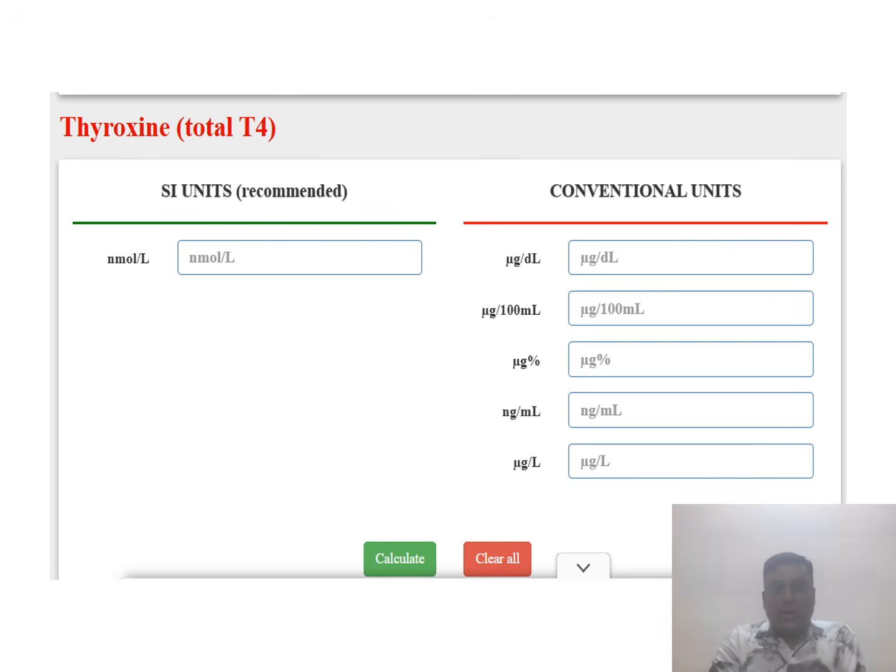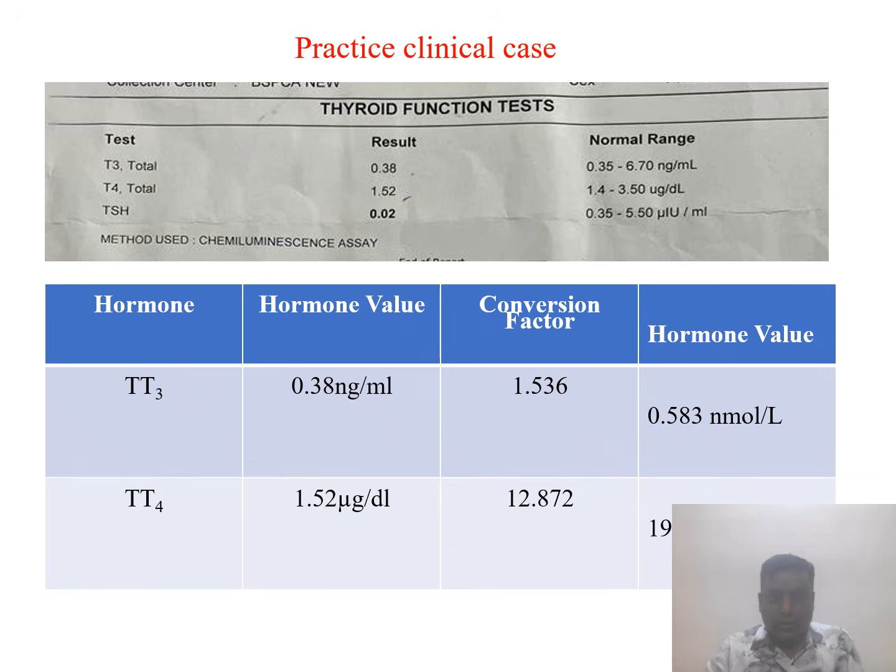There are also some online software, apps, or online conversion systems available. Generally, we use this unit lab system, where whatever lab report we are getting, we mention it here, and we will get the result.